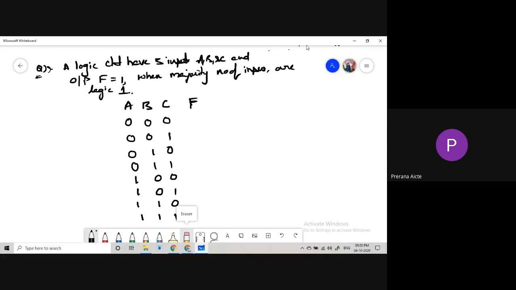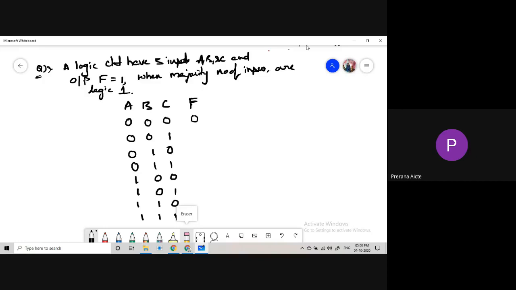So the meaning is that, if it consists of three inputs A, B, C, whenever we are getting more than one 1, that is the function. Here, how many ones are there for 000? There are no ones, right? Yes, sir. So that's why we are putting 0.